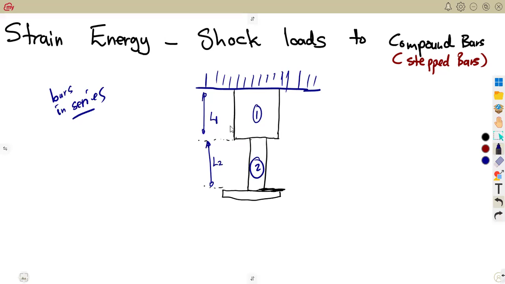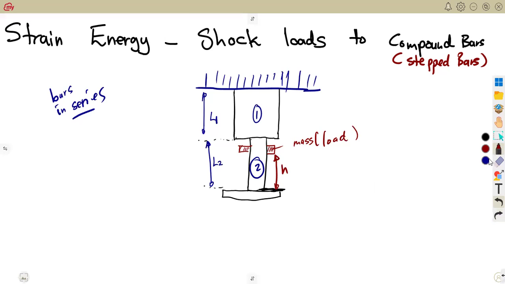Again, the diameters, as you can see, they will each have a certain diameter. We said a mass is going to be attached. So let's say there is a mass that is going to fall a certain height, which is our load. The mass or the load is going to fall for a certain height to the collar.